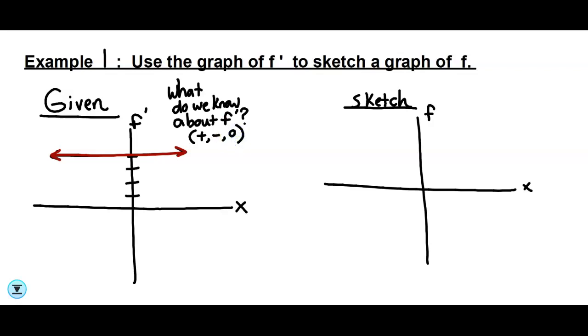In this case, if it's above the x-axis, it's positive. If it's below the x-axis, it's negative, and if it's on the x-axis, then it's 0. So in this case, this red line is above the x-axis, and therefore my derivative is positive.